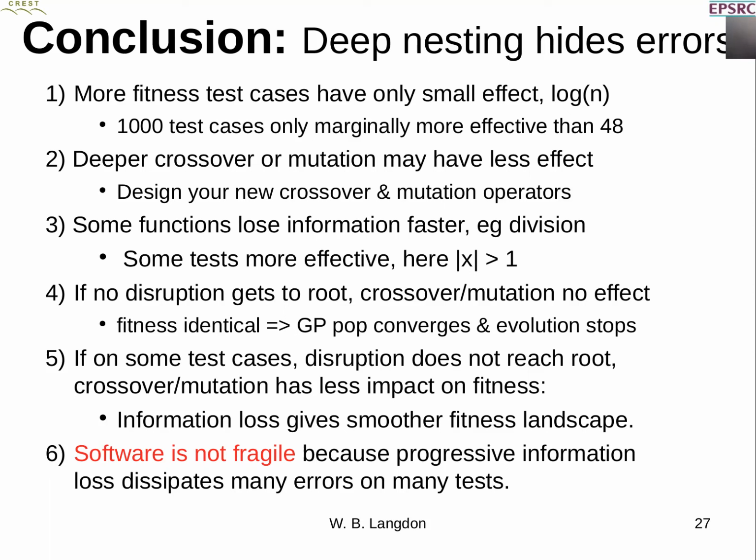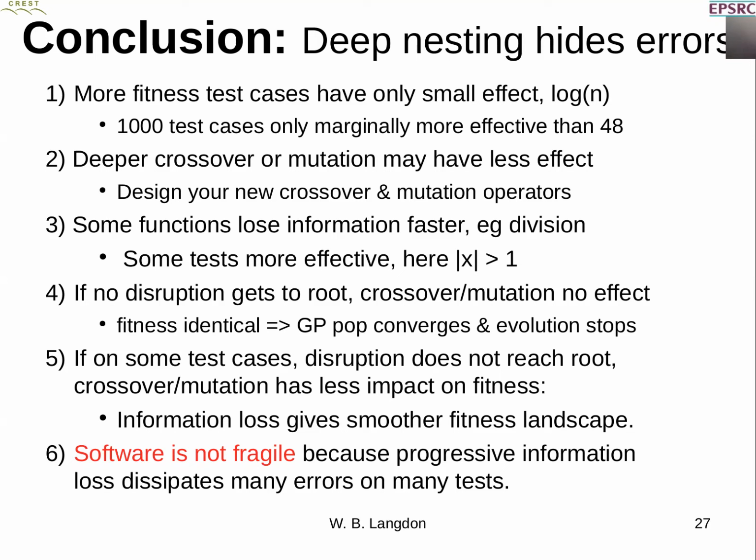From a GP point of view, what we see is with the traditional crossover and mutations, as the trees get bigger and bigger, as the trees get deeper, the landscape becomes smoother and smoother, and there are more cases where the parent and the children have identical fitness.